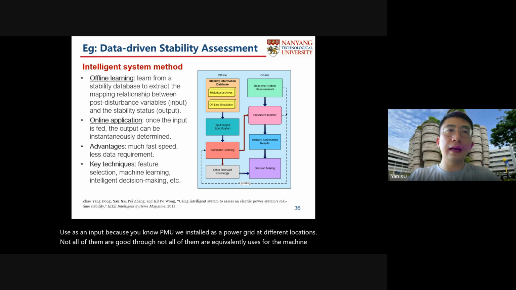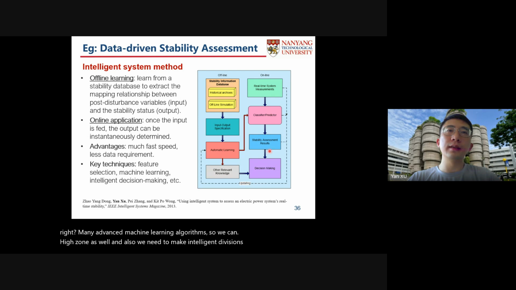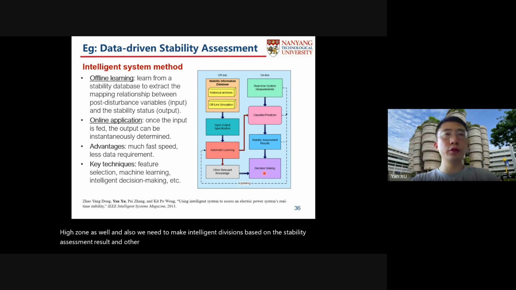So we need to select the most significant features. And certainly we need to develop machine learning algorithms. Nowadays, people are talking about deep learning and many advanced machine learning algorithms, so we can apply them as well. Also we need to make intelligent decisions based on the stability assessment results and other knowledge. What type of control can we design? That is also an important topic.